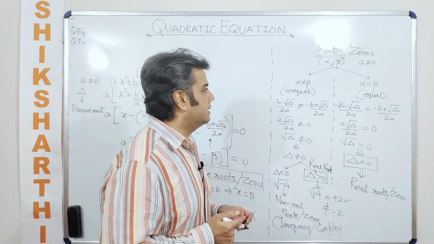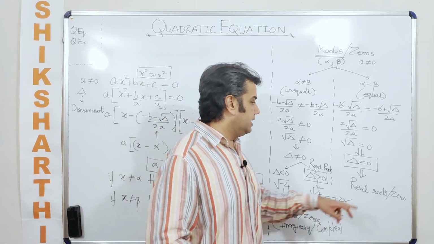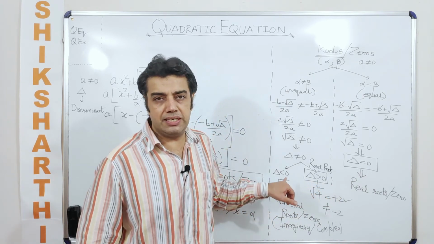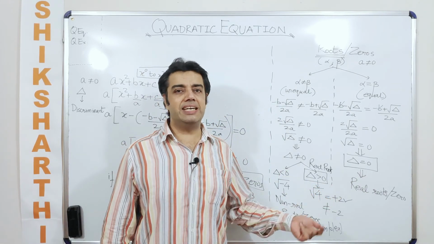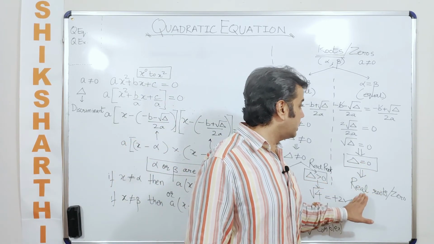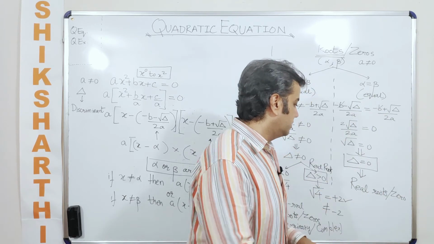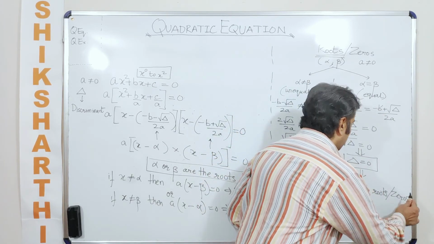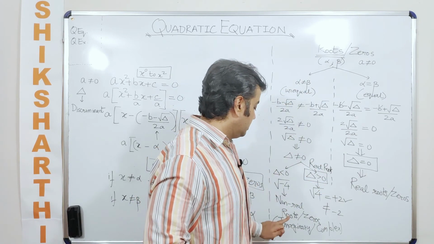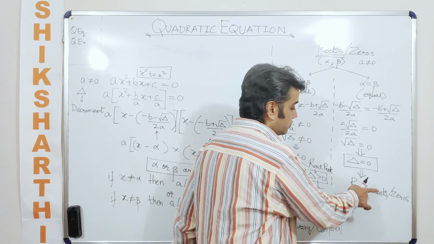So just to revise it finally, what is the condition for real roots? The condition for real roots is delta should be equal to 0 or greater. Now when delta is equal to 0, you have equal real roots or equal real zeros. When delta is greater than 0, you have unequal real roots or unequal real zeros.